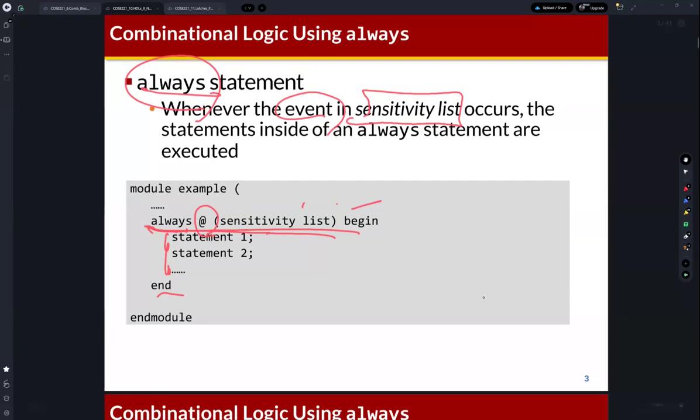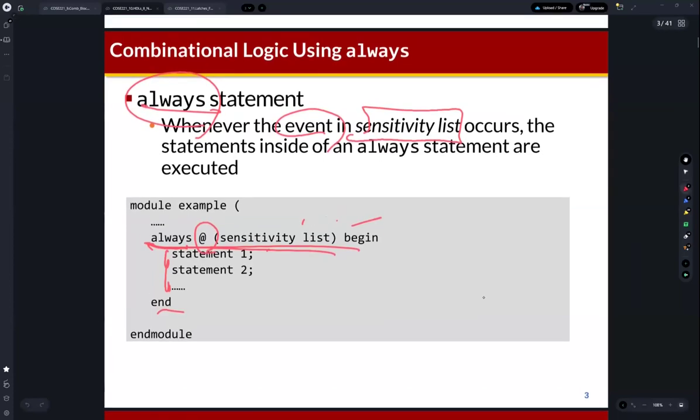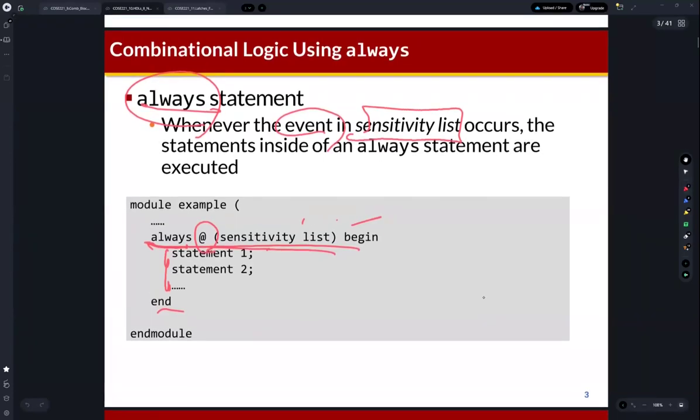This is the basic definition. As I mentioned, SystemVerilog is the superset of Verilog, so it has been developed from Verilog, okay? So this original definition of the always statement is like this.